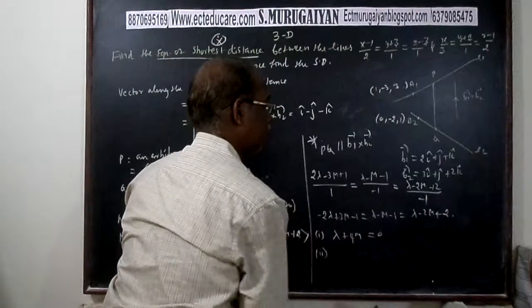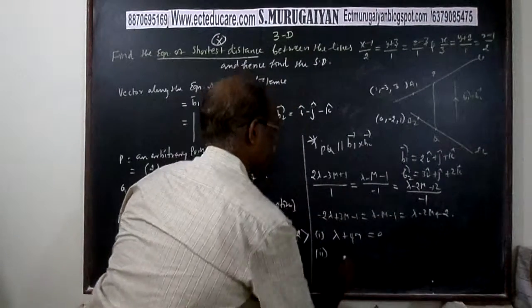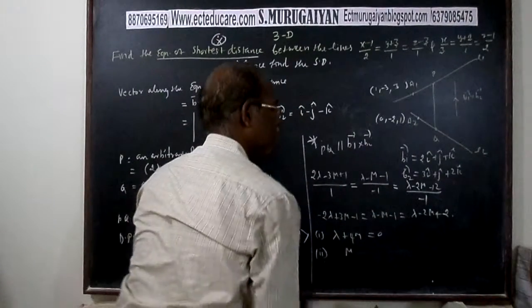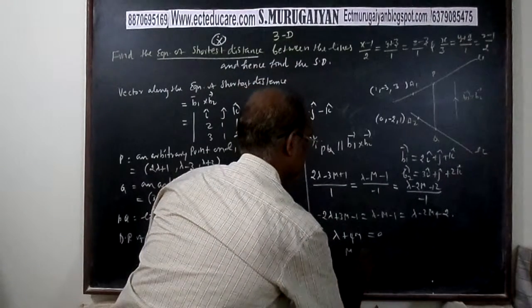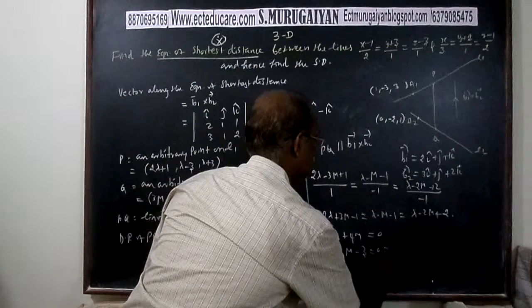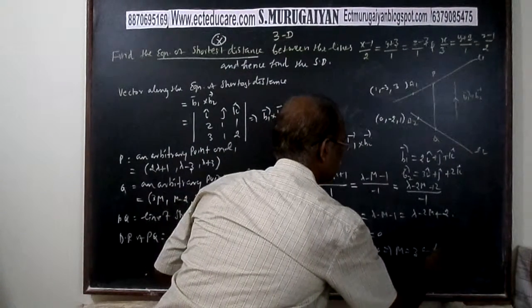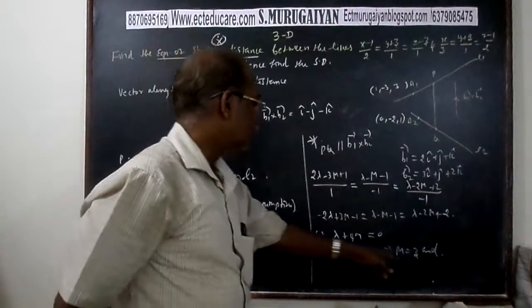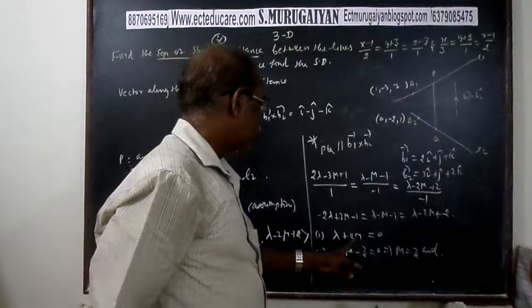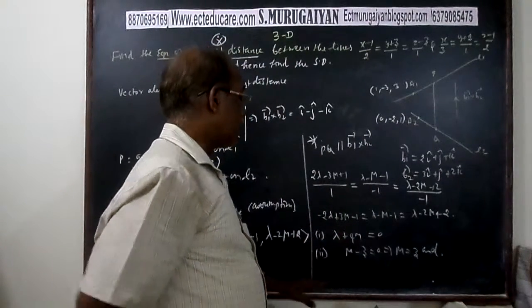Lambda minus lambda 0, minus mu, this negative 2 mu, this side plus mu, and minus 1 minus minus 3 equal to 0. This implies mu equal to 3, and substituting mu equal to 3, 4 times mu is 12, so lambda equal to minus 12.